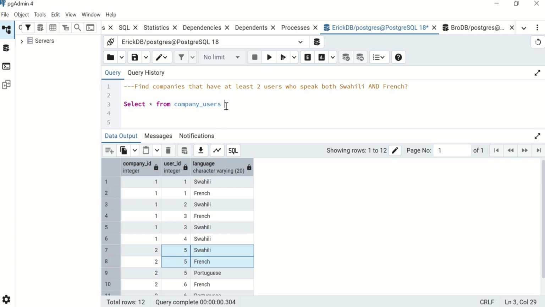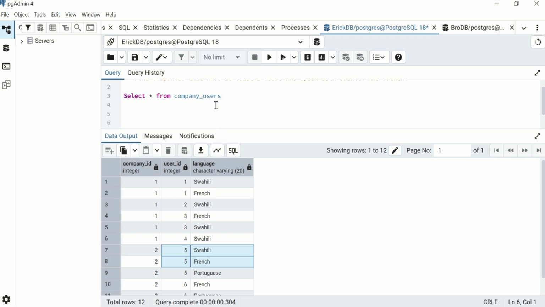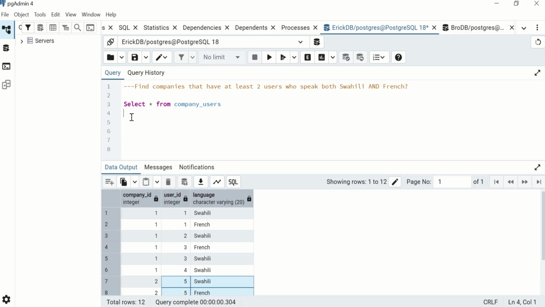So let's write a query so that you can get the final results. First of all, we'll need to filter the users who speak more than one language. So first of all, let's get the number of languages each user speaks.